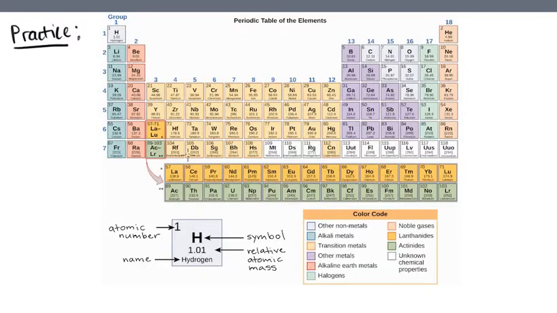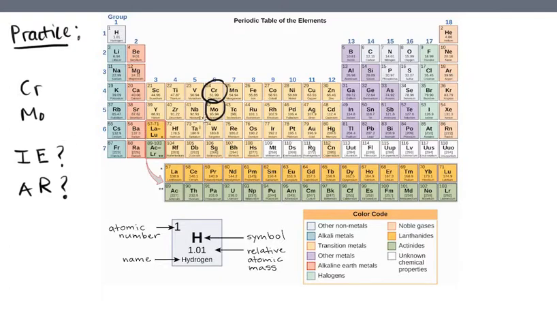So let's look at, let's say, chromium and molybdenum. All right, chromium and molybdenum. So that's over here. I'm going to ask which one has the higher ionization energy, which one has the greater atomic radius. So these are the 2 trends that we've looked at so far.